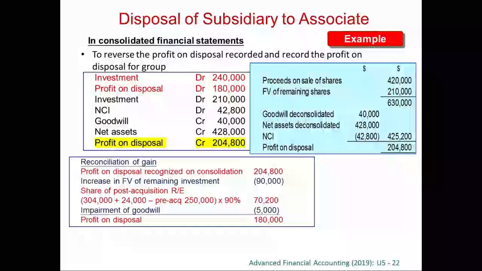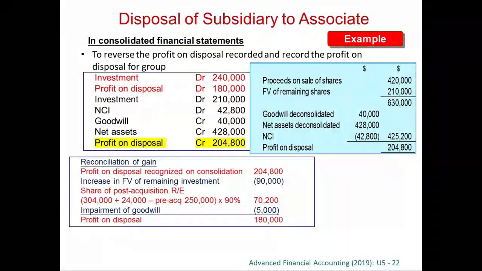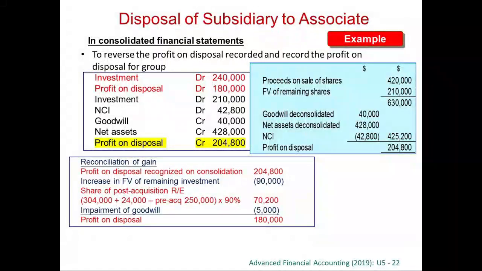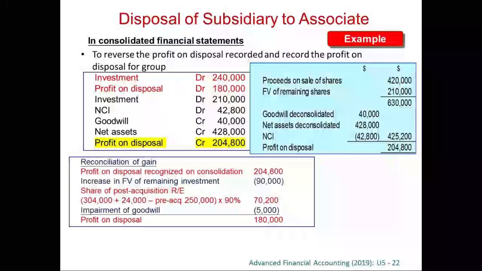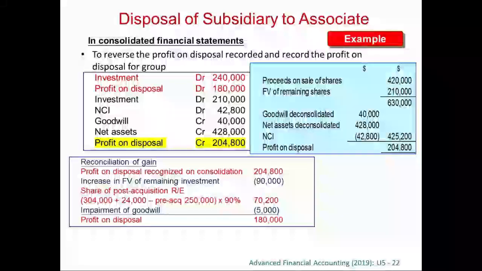Not only cash increased, you have got a remaining investment. The remaining investment must be carried at fair value. This means 210. So this is actually what you get: cash, 420, and remaining investments, 210. But you lose the subsidiary.